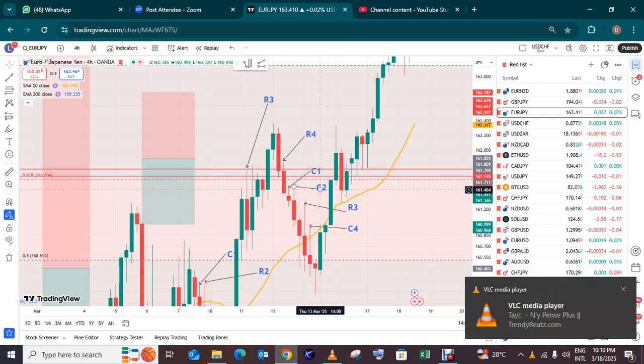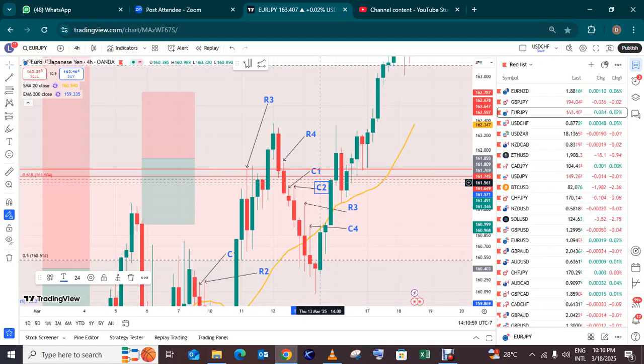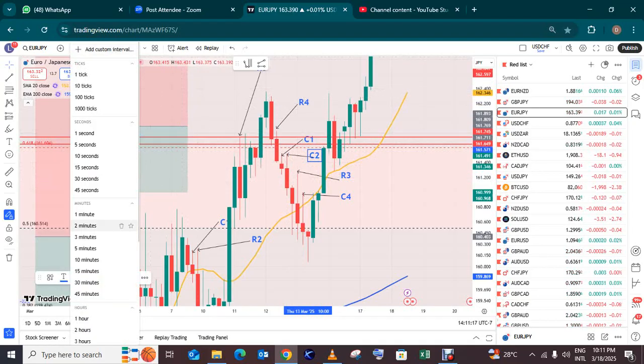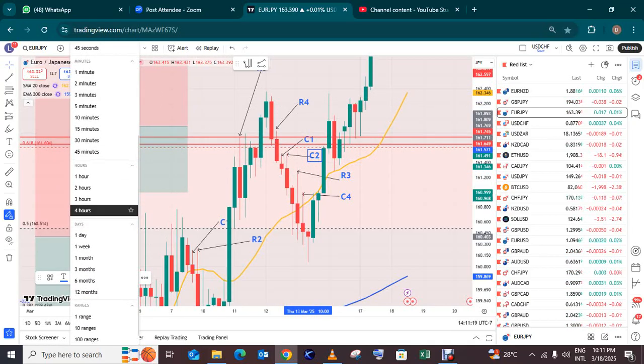C1 and C2 mean the market wants to go down, so we are supposed to be taking our entry. Remember, we always use the 4 hours time frame to set up our pairs, our market.